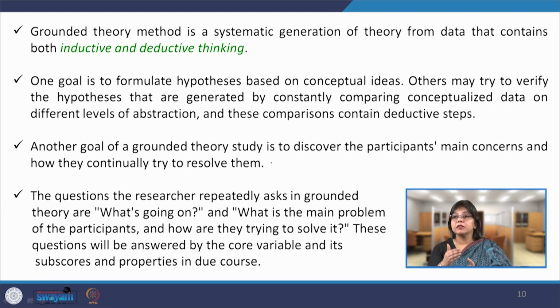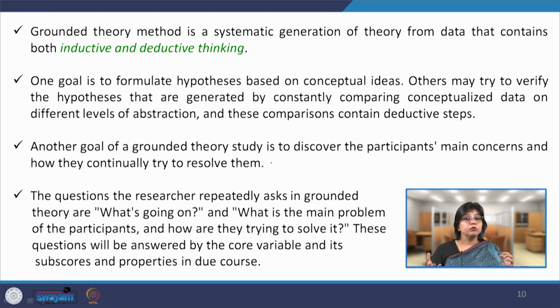So, this is the base of grounded theory, and another goal of grounded theory is to discover the participants' main concerns and how they continuously try to resolve them. As soon as the interaction commences among the members, the researcher can easily identify the problem and also identify the way members are resolving their problems or issues within the group itself.